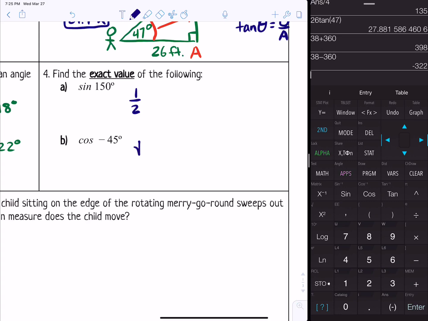So we just write that like it looks. If you type it in your calculator and get a decimal, that would not count as a correct answer because it did ask you for the exact value.